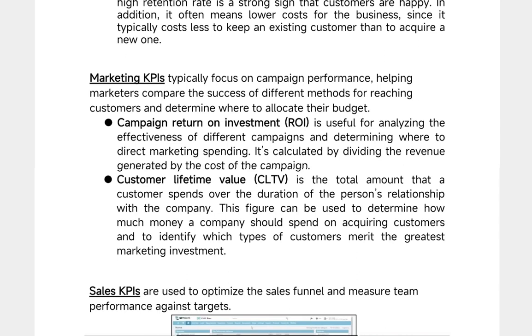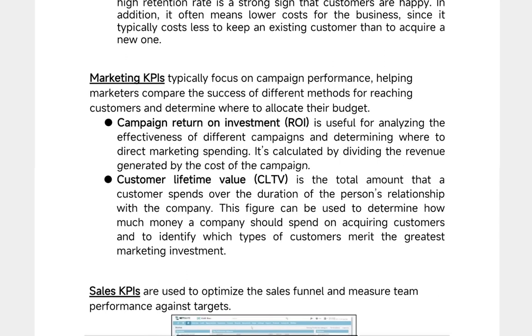There are two different types of marketing KPI: ROI and CLTV. Campaign return on investment, or ROI, measures the effectiveness of different campaigns. It helps analysts identify which marketing strategy gains more revenue.